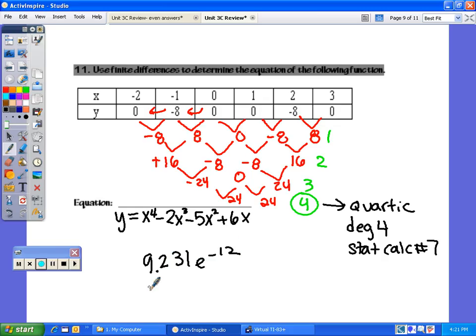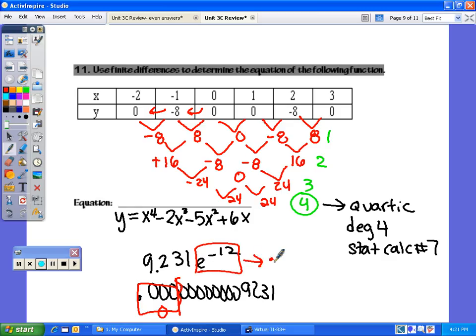Remember I told you that that's like the calculator putting 11 zeros and then putting the 9231 at the end. Well, if I'm telling you to round to 3 decimal places, this rounds to 0. So every time you see one of these, just round it to 0. So this would really be plus 0 at the end, but we really don't need the plus 0. So this is how we will end our equation for this question.